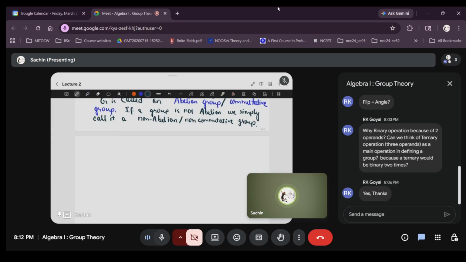Now we'll look at lots of examples just to hammer in the idea of a group and to introduce you to groups that we'll deal with later, but just to get you familiar with groups, we'll do many examples.